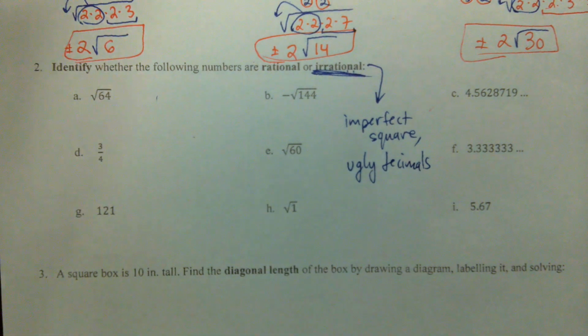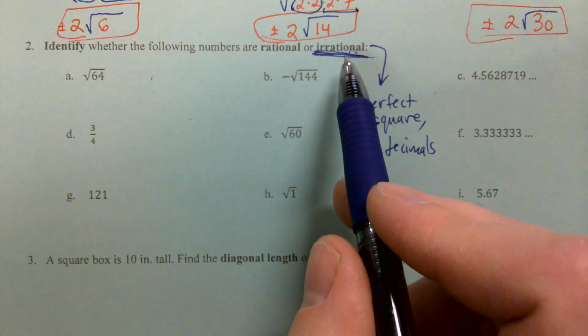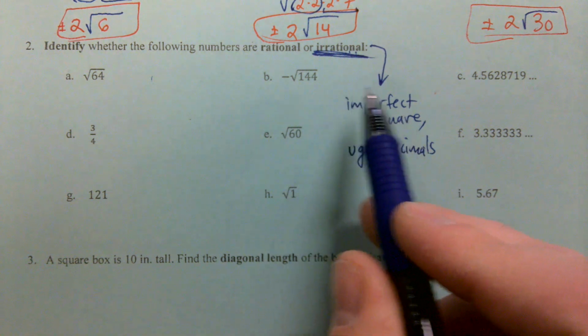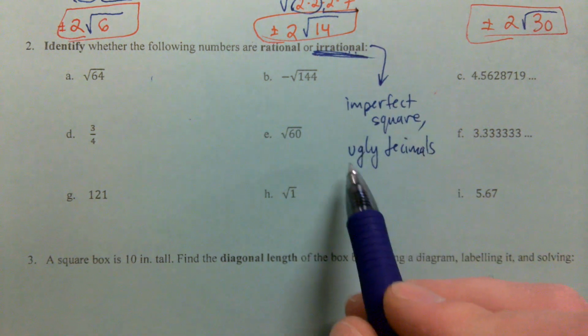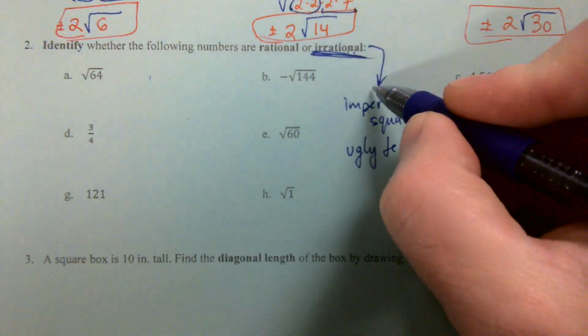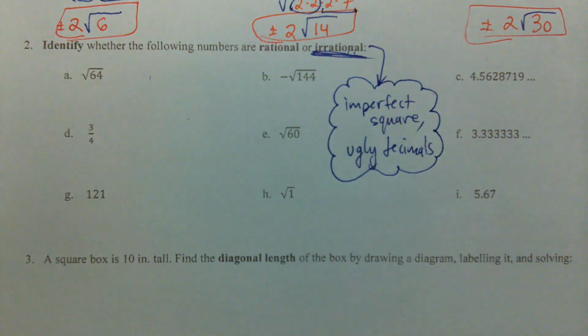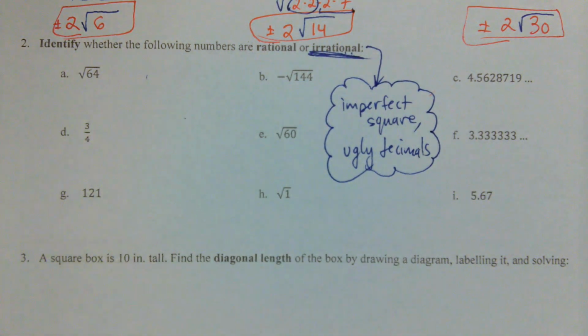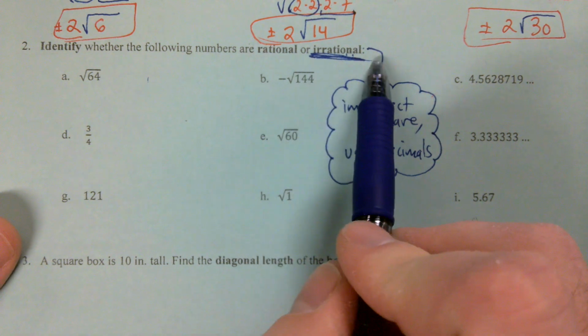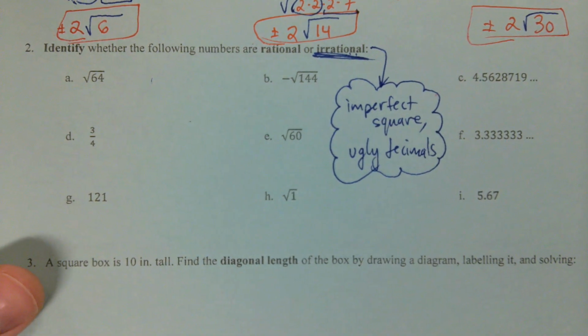That's it. That's really all we need to know. If you have an irrational number, it's either an imperfect square or an ugly decimal. That's the key here. We don't have to worry about natural numbers and whole numbers and all that nonsense. Just irrational numbers, imperfect squares, and ugly decimals.